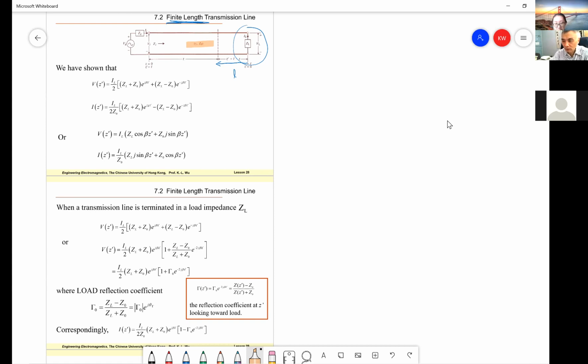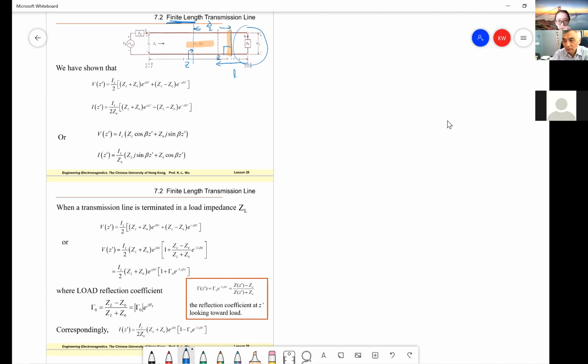Say if you have at this point the impedance is that. So after half wavelength, if this is half wavelength long, then if you look at it again, it is still the same impedance.